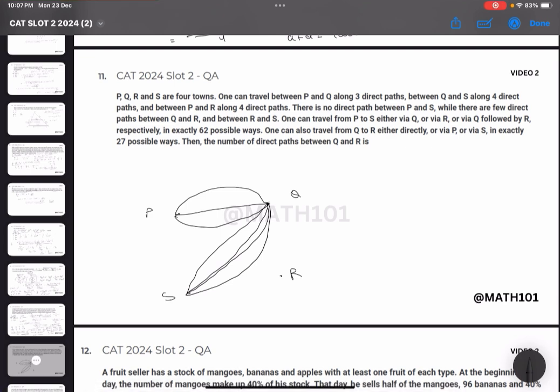So between Q and R, let there be P possible paths, and between R and S, let there be A and B respectively.